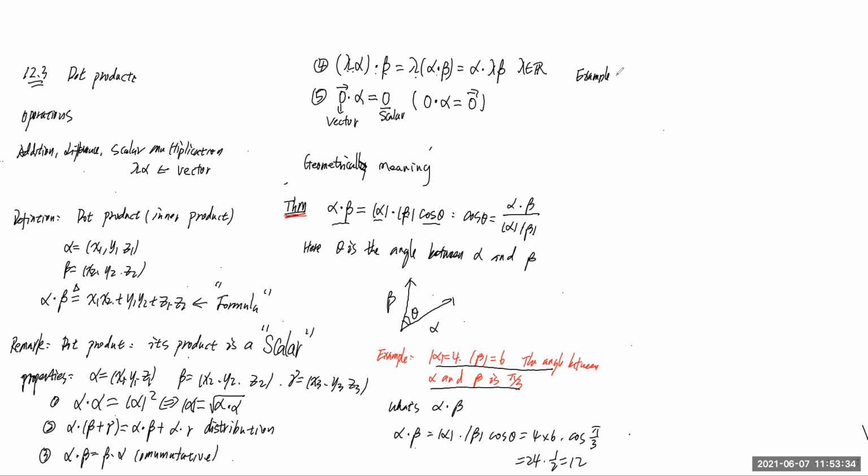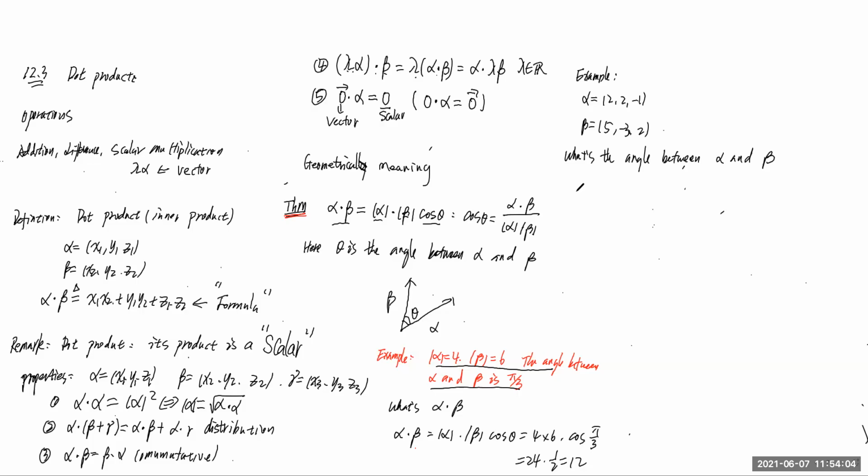For another example, if we have alpha is (2, -1, 2) and beta is (5, -3, 2). What's the angle between alpha and beta?